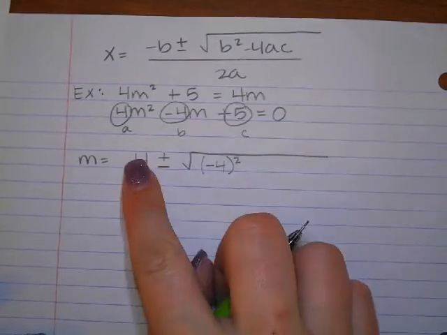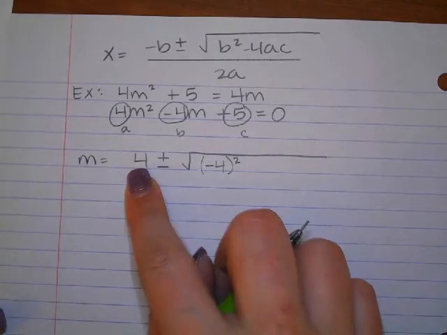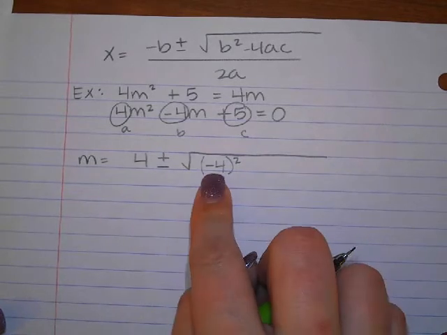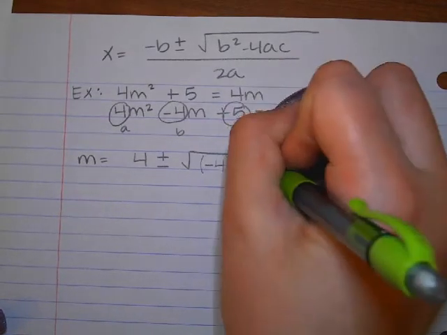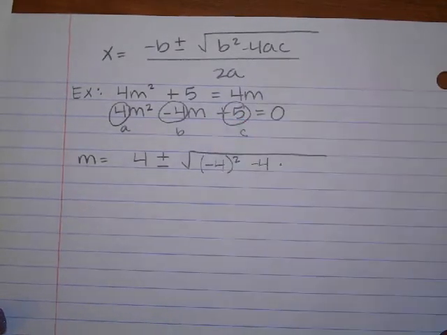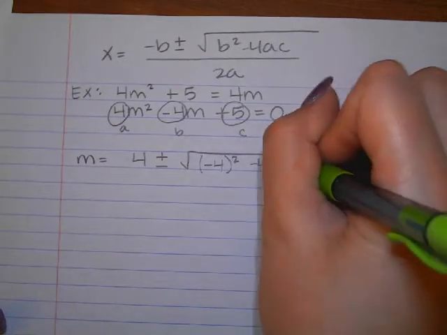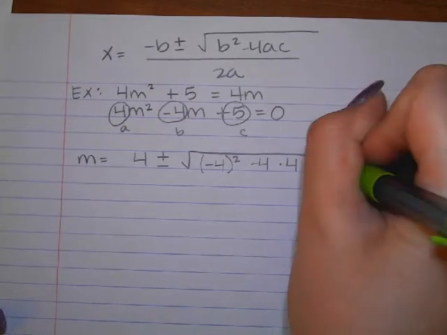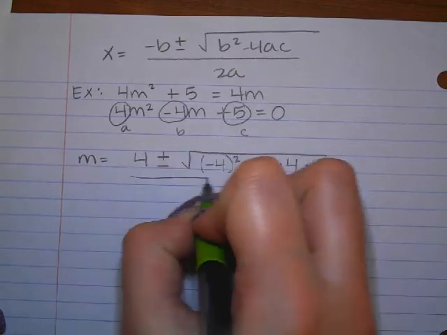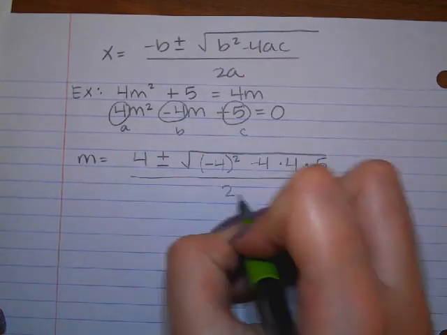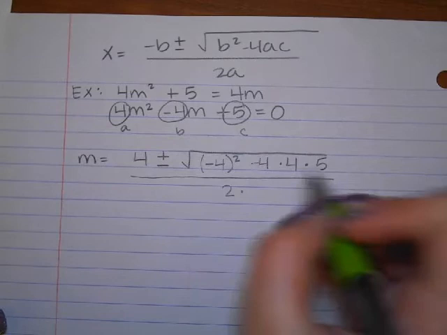Okay, negative b, plus or minus the square root of b squared minus 4 times 4 times 5, all divided by 2 times 4. Marvelous.